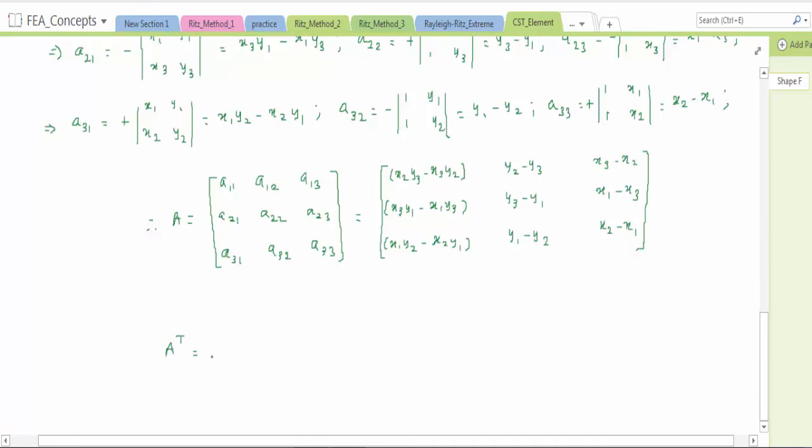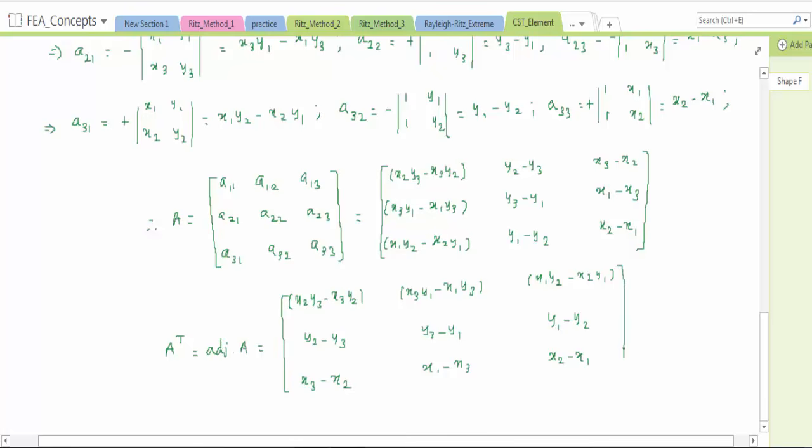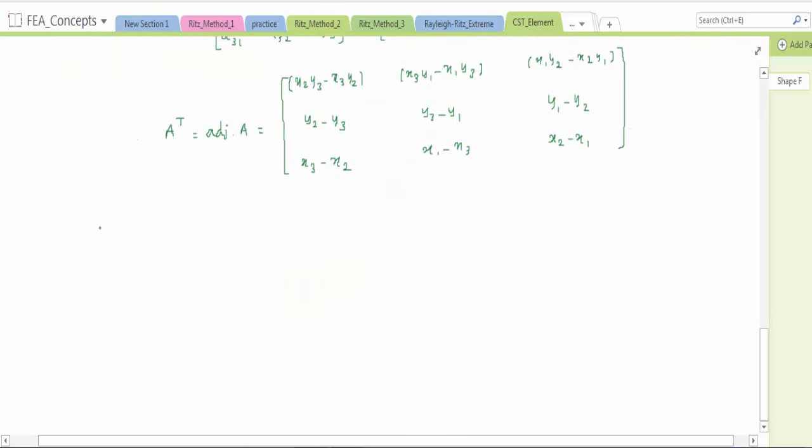Now we have to take the transpose of this, which is the adjoint of A. So x2y3 minus x3y2, y2 minus y3, that means the rows are converted to columns. Now we have written the transpose, that is the adjoint of A.